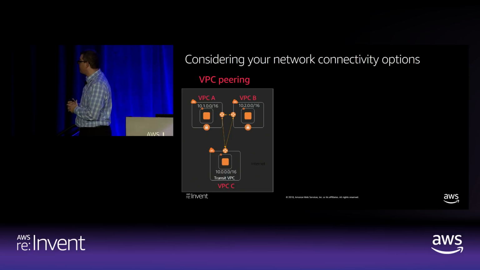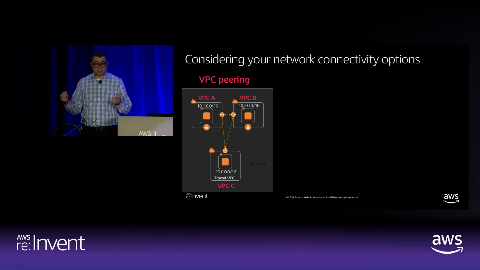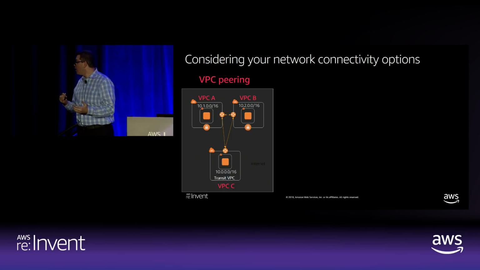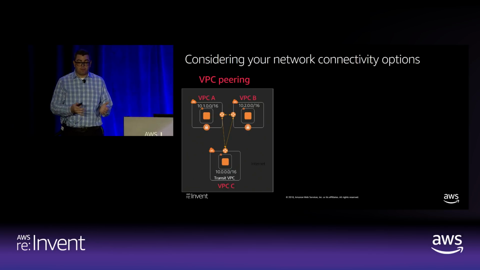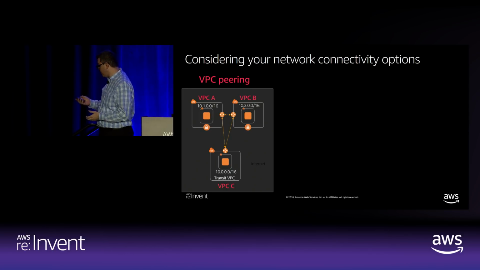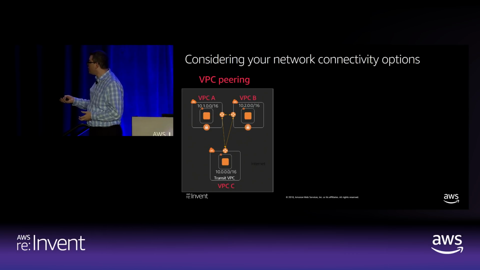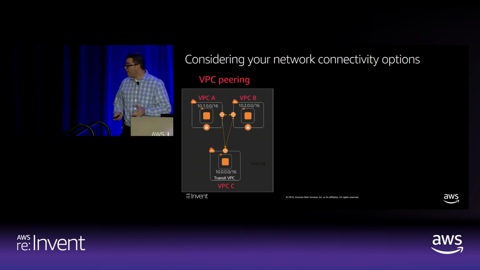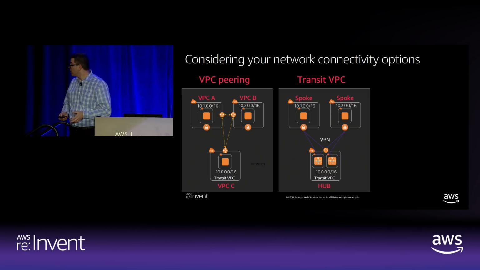So VPC peering. VPC peering, we mentioned this kind of notion of peering in a full mesh, where you have to peer from VPC A to VPC B, from VPC A to VPC C, and VPC B to VPC C. You can't go directly through one of them, right? You have to peer them all. And we'll talk about why that's good and why that's bad.